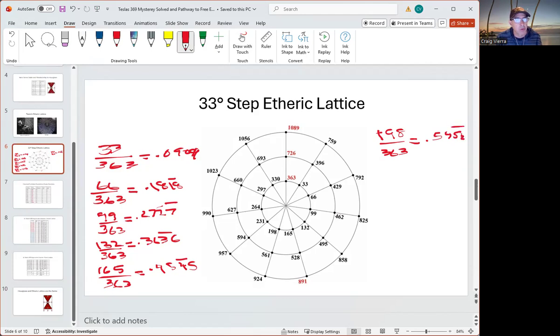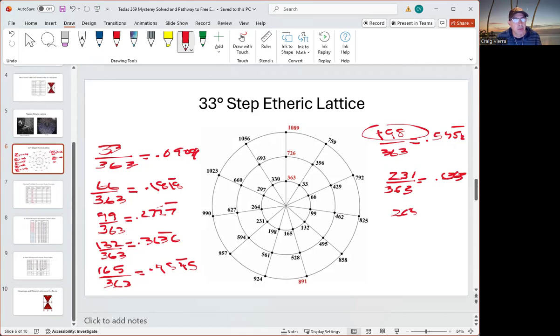This is the reversal. Also, keep in mind, this looks like Tesla's 891. This is the mirror of that. And then if you go to 231 over 363, you get 0.6363.